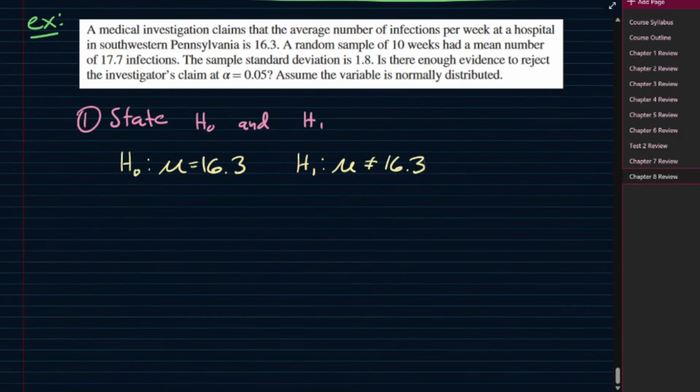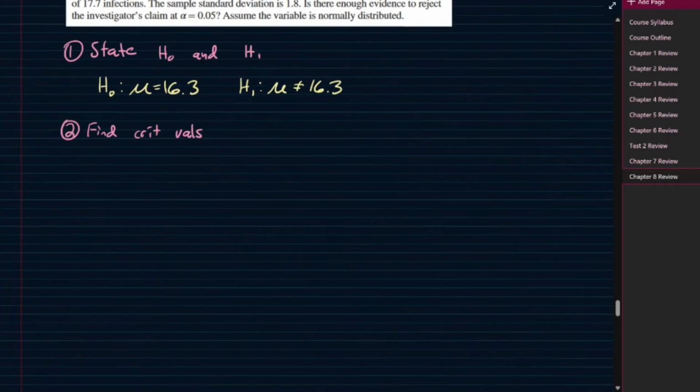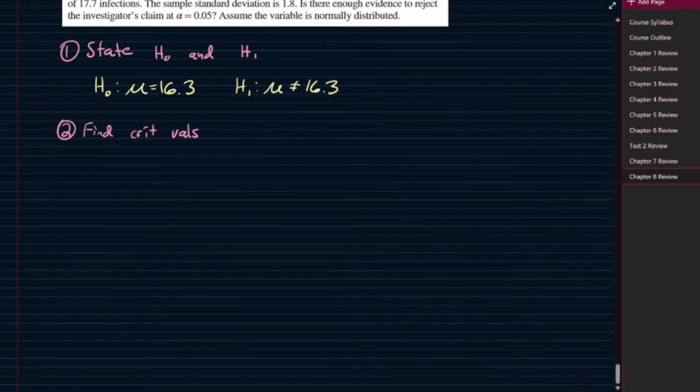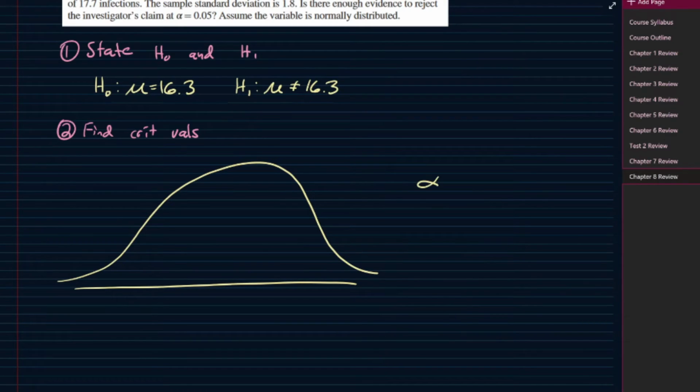So here we've got our step 1 done. And then step 2 is to find our critical values. There's going to be 2 here because it's a two-tailed test. And we're going to need the t-tables this time. What was our significance level? 0.05. It's a two-tailed test.